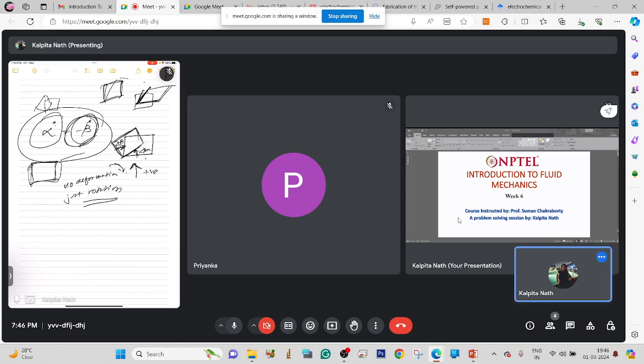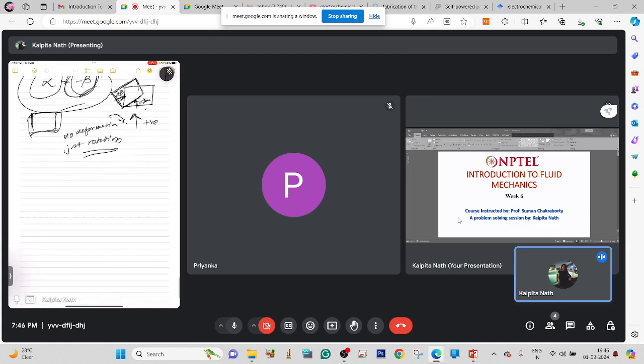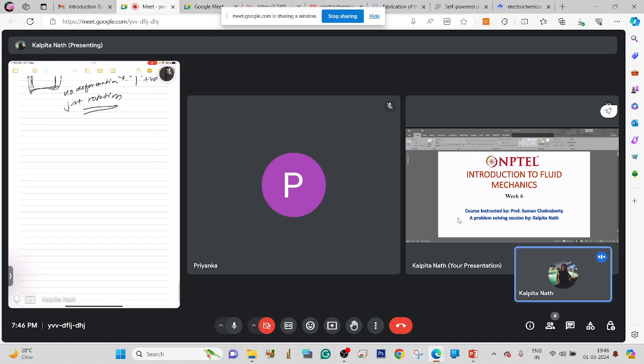So if we are asked to find the rotation, whether a body is rotational or irrotational, we'll simply find this. That means half of alpha dot minus beta dot. Why minus beta? If this is the new deformed body, this is del alpha and this is del beta.